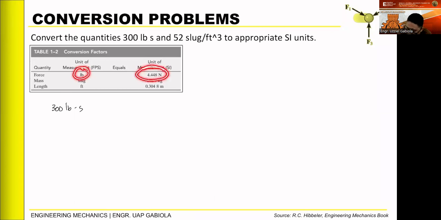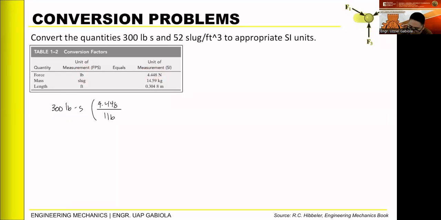Okay? So, gusto mo maalis yung si pound dun dito sa number mo. So, para maalis siya, kailangan mag-divide ka ng pound din sa ilalim para mag-cancel siya. Kasi ganoon naman di ba tayo sa number? Pag may parehas na unit, pwede natin i-cancel yung taas at yung baba. Okay? So, dito, meron tayong 1 pound is equals to 4.448 newtons.